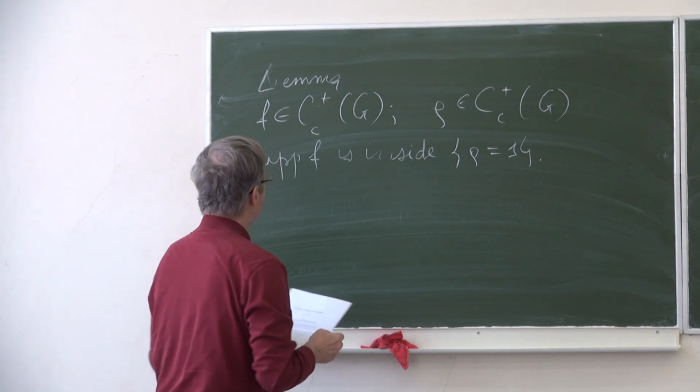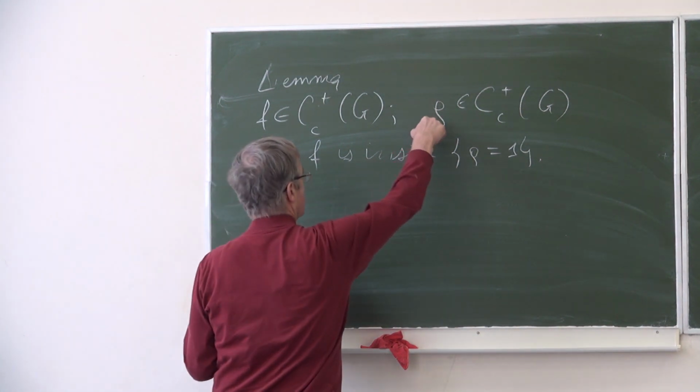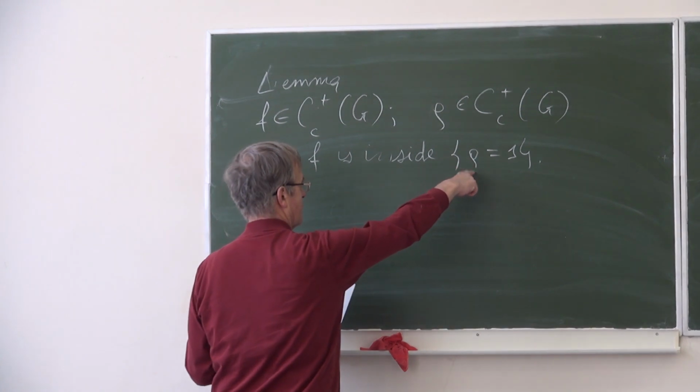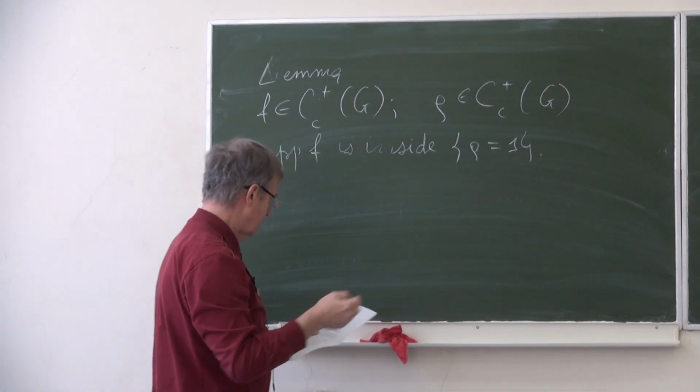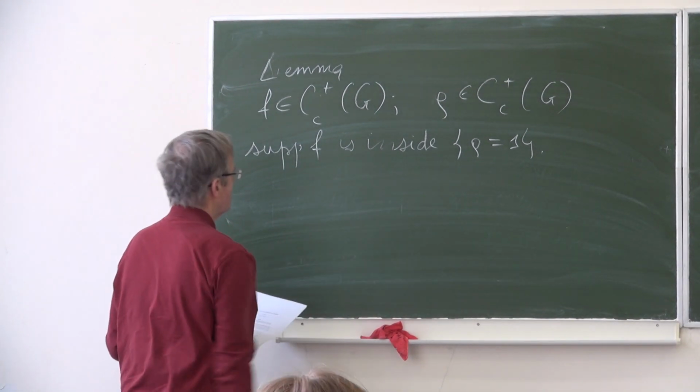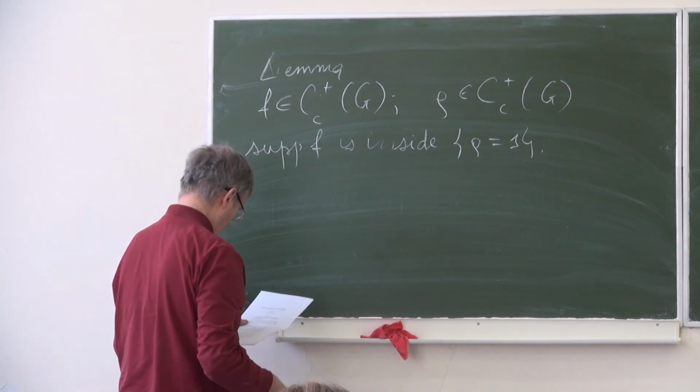Well, so we have that, and I remind you that such a rho always exists by the Urysohn lemma, so we can even find many such functions rho.